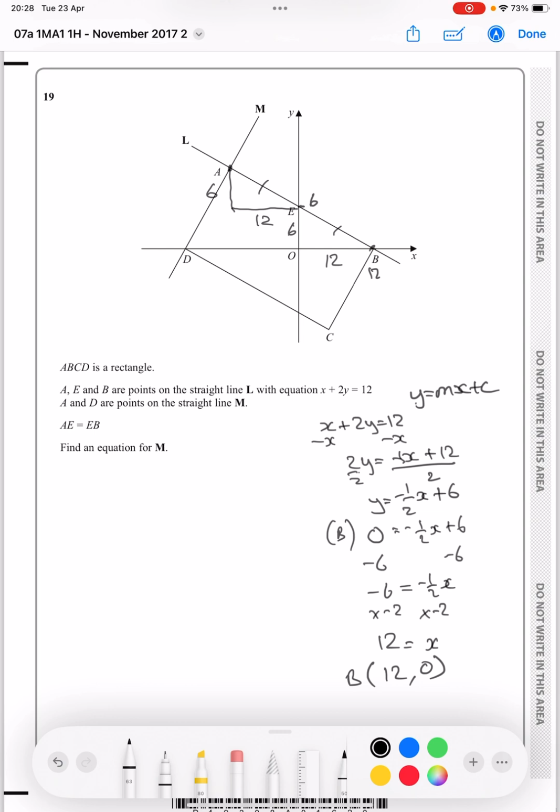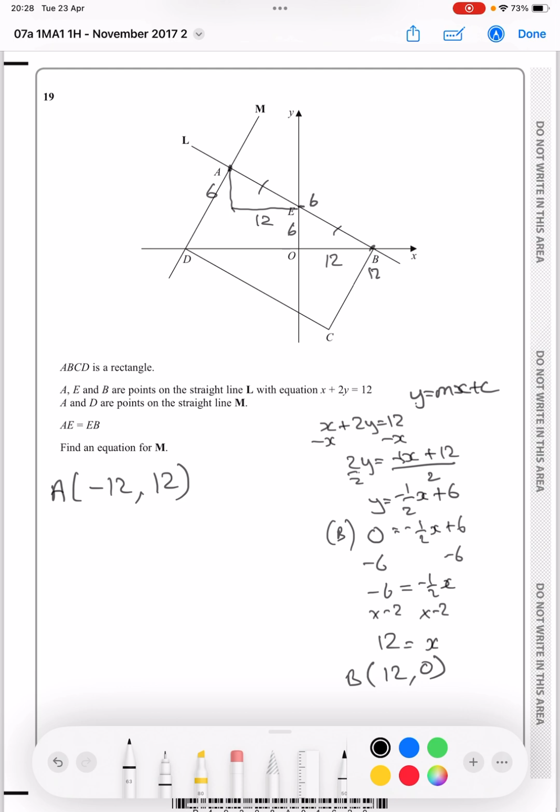So if I go back 12 from 0, I get minus 12. And if I go up 6 from 6, I go up to 12. So I've now got the coordinates of A as negative 12, 12.